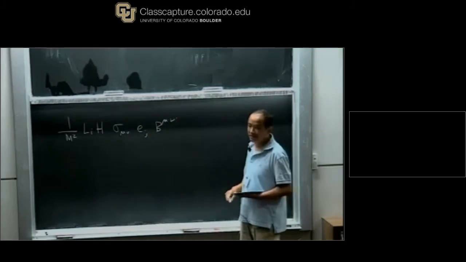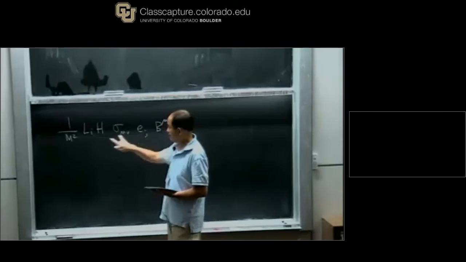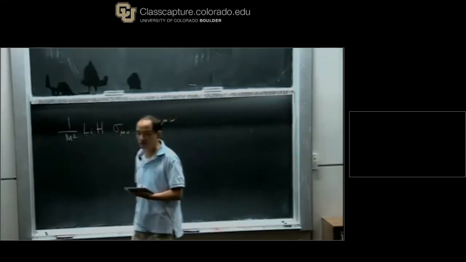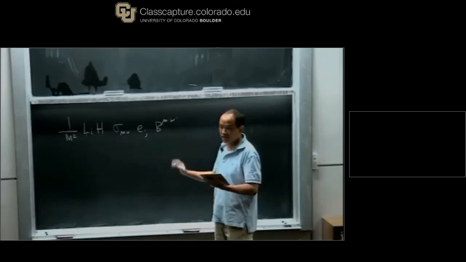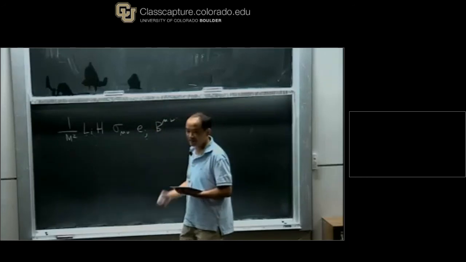These are the L and E, and this is a doublet form, and this is gauge invariant. It's almost the same as the Yukawa coupling, except I have these extra factors.